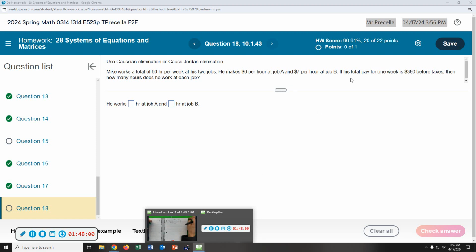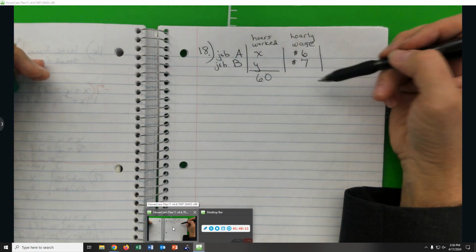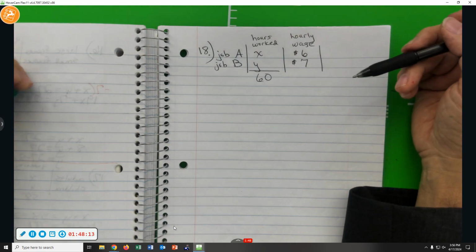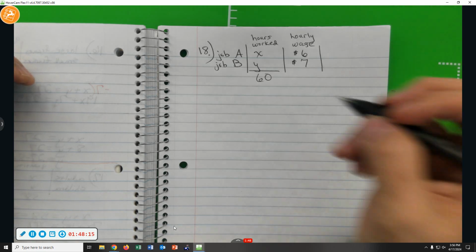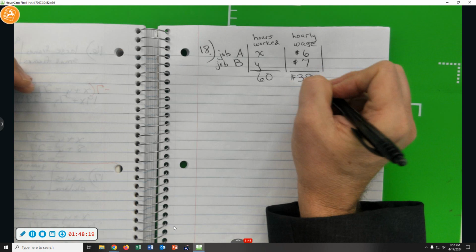He worked a week and he made $380 before taxes. So if we total up all the dollar amounts, that's going to give us the 380. We have two unknowns.